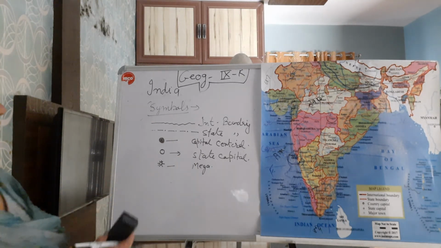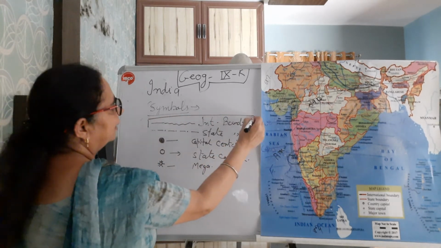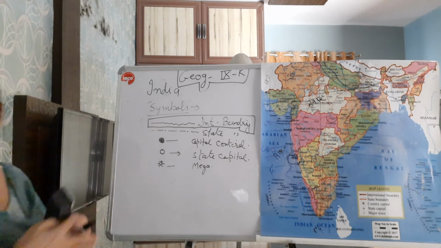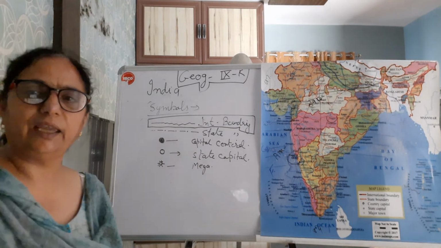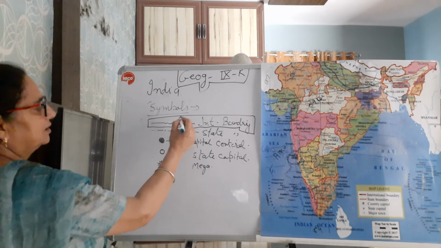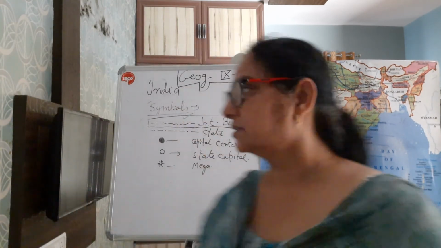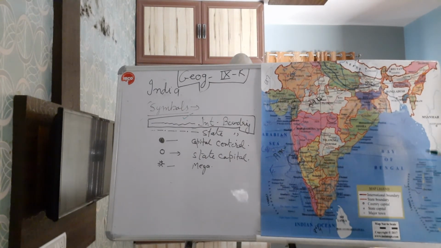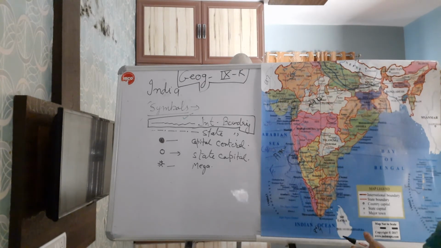Now we have to recognize from this international boundary where this boundary is located, accordingly we can take our neighboring states, right? Suppose here this is Nepal, no?